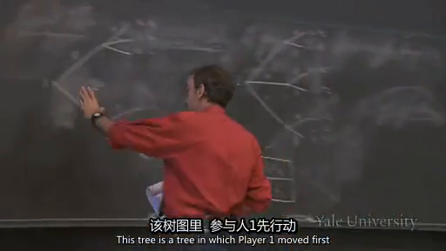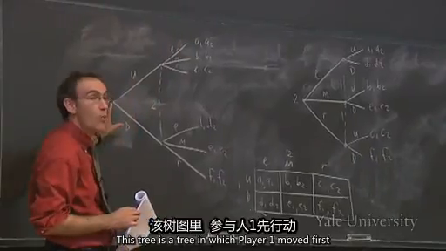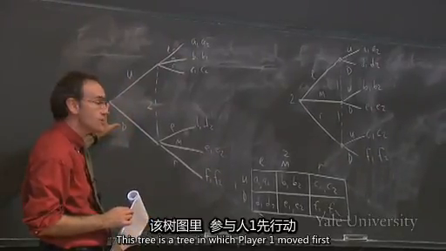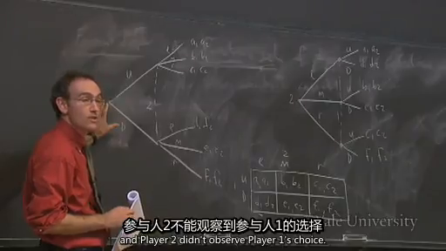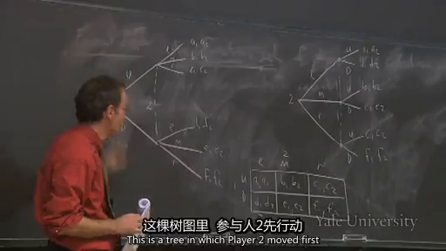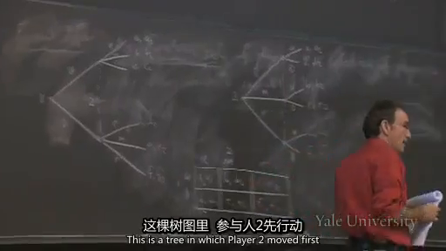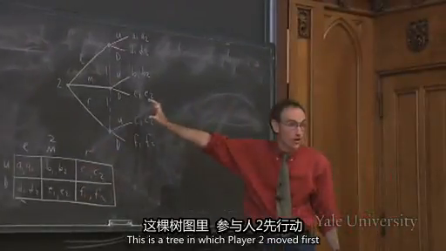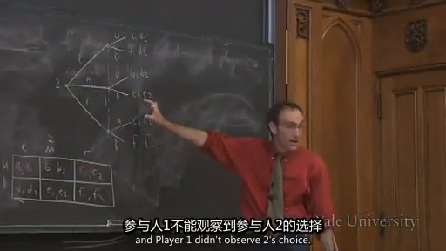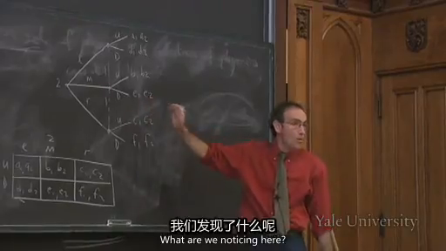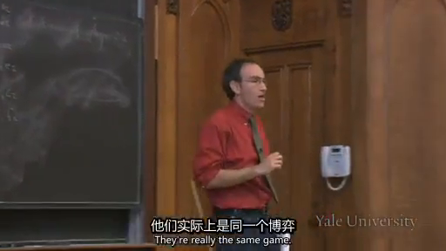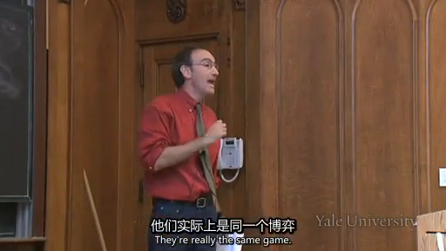This tree is a tree in which player 1 moved first, and player 2 didn't observe player 1's choice. This is a tree in which player 2 moved first, and player 1 didn't observe 2's choice. What are we noticing here? They're really the same game.